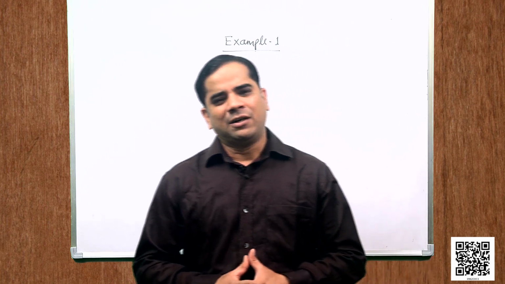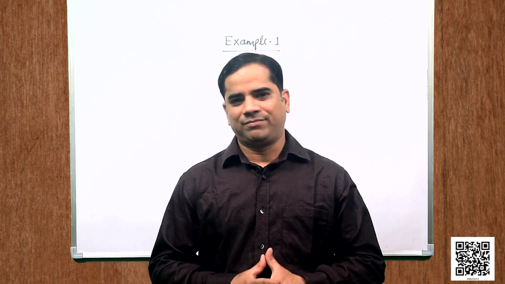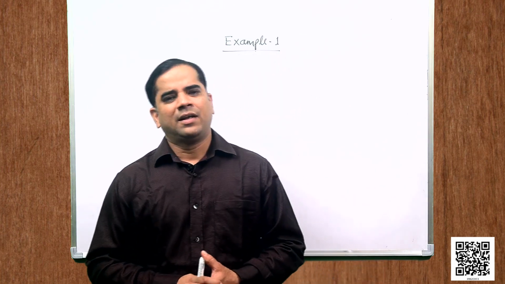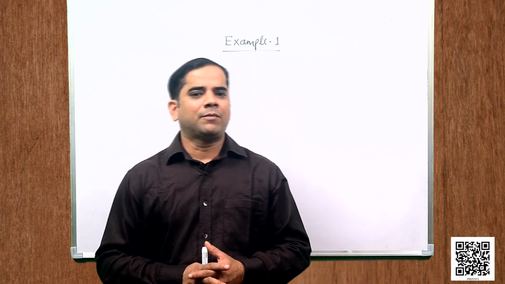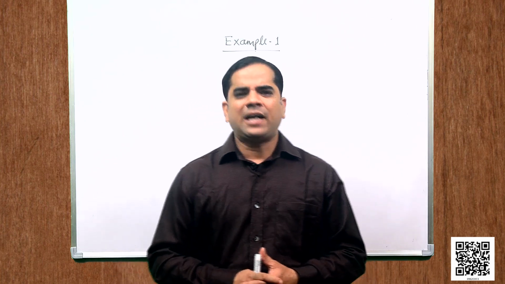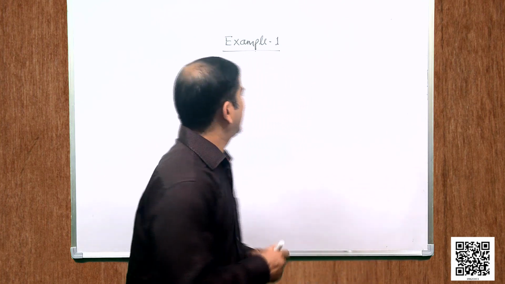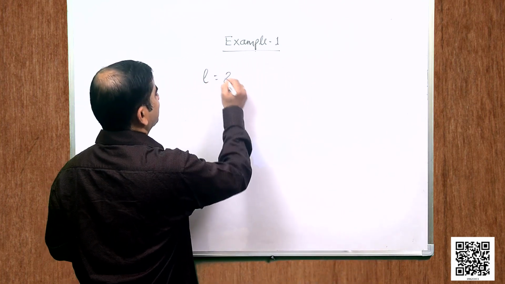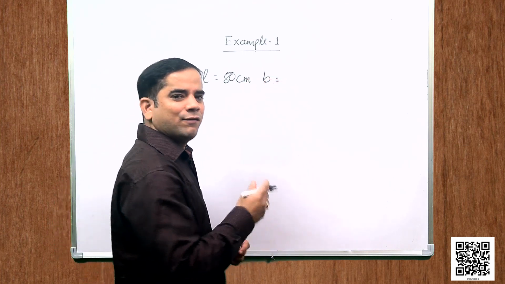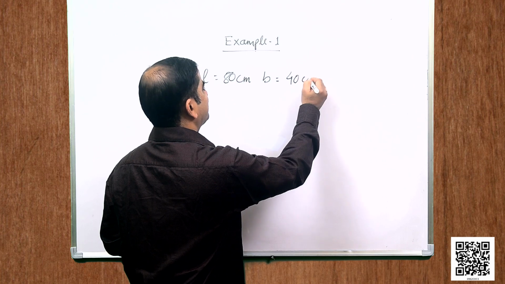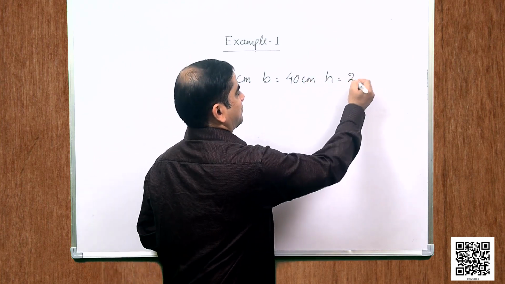Now, let us go to find out the solution for this question. Students, since Mary wants to cover the box from the outer side, let us focus on the given data, that is your length is 80 cm, breadth that is 40 cm and height it is given as 20 cm.